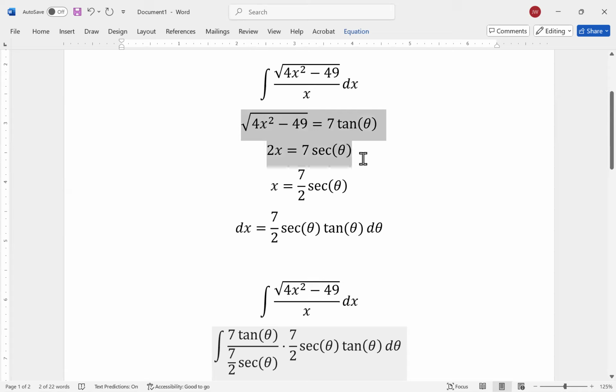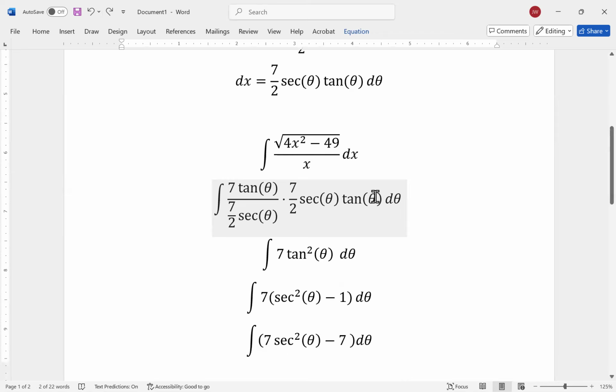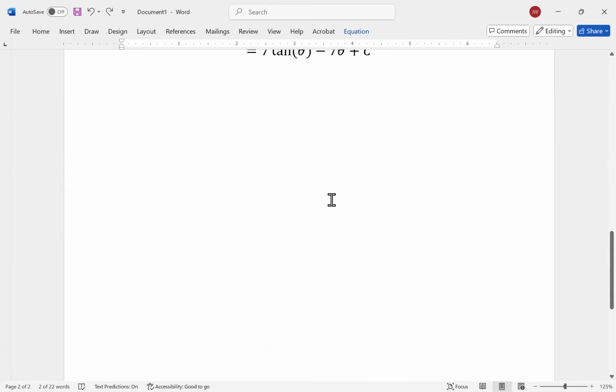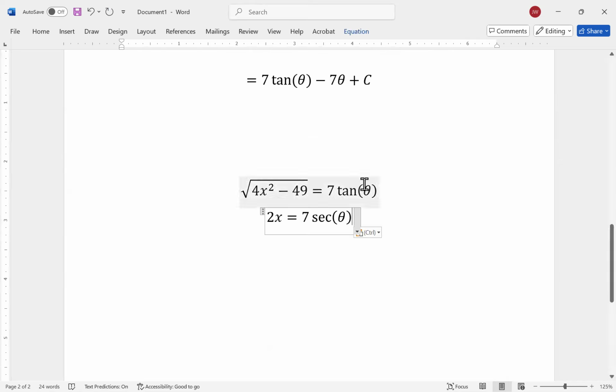So there's my answer, but now I've got to back substitute. 7 tangent theta, I can replace that with my ugly square root.